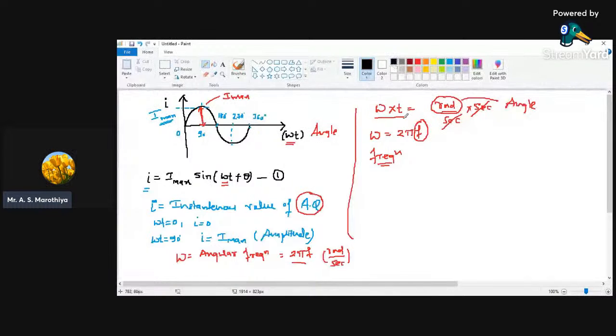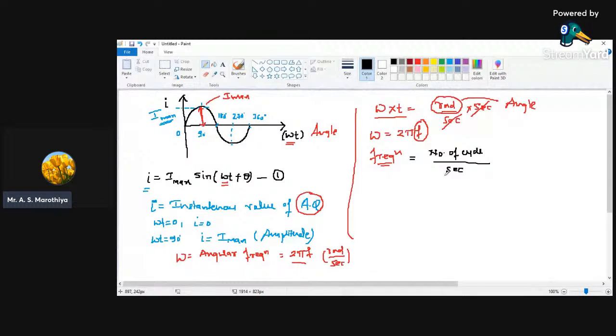Frequency is nothing but the number of cycles done by this alternating quantity per second, or in 1 second how many cycles are covered by that alternating quantity.